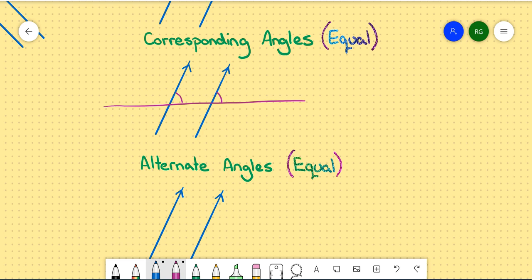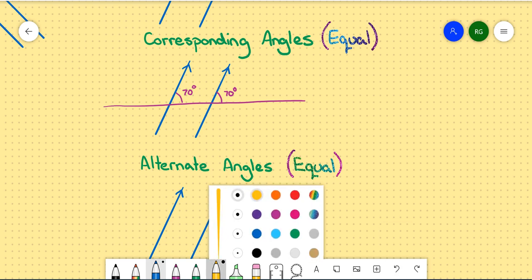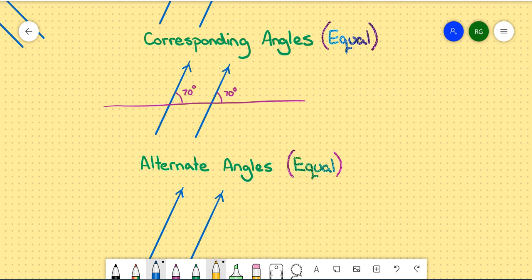They're matching angles. So if that was, let's say, maybe 70 degrees, then obviously this one must be 70 degrees. This angle here is corresponding to that yellow angle. There's lots of corresponding angles when you have parallel lines. It's up to you how you remember this.